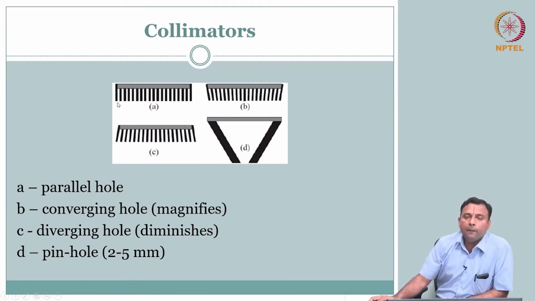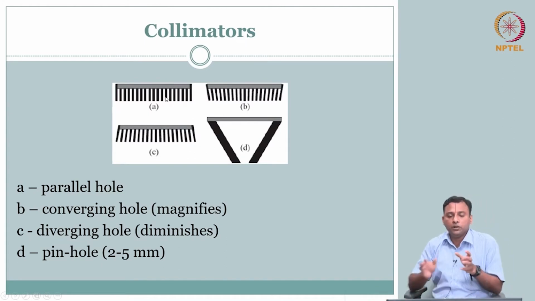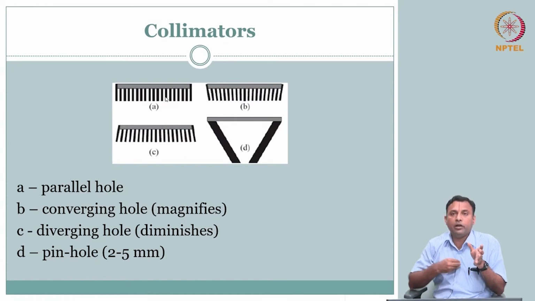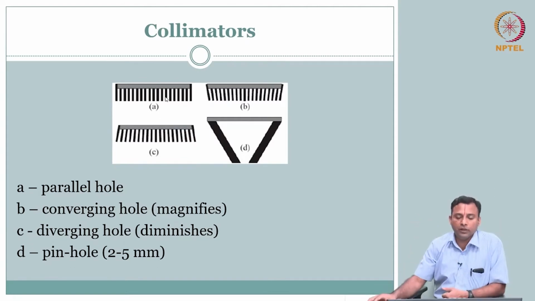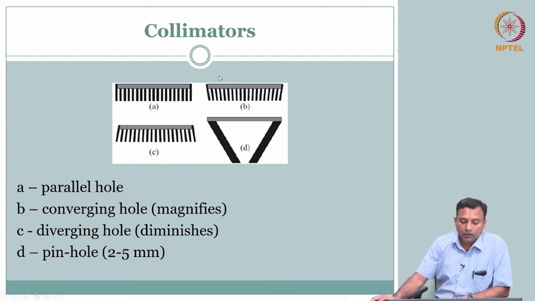This is parallel. What if you want, for example, a small region, right, but I want it to be blown up, zoomed in, I want that region to be zoomed in. So you could have, right, magnifies, or converging or diverging.